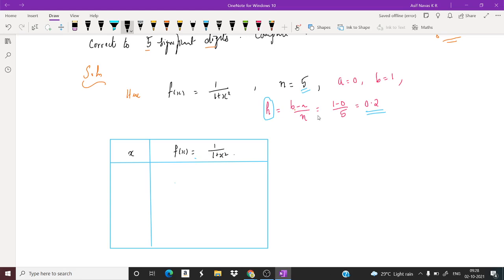So first value is a. A is 0, and 1 by 1 plus 0 square is 1.